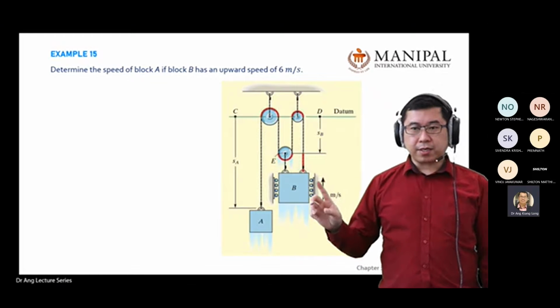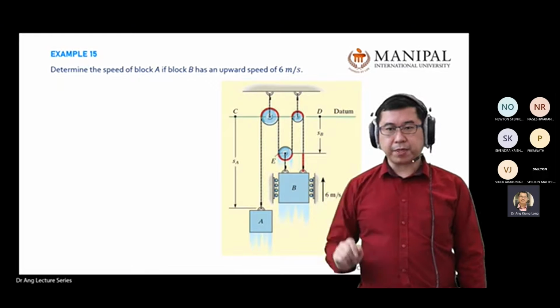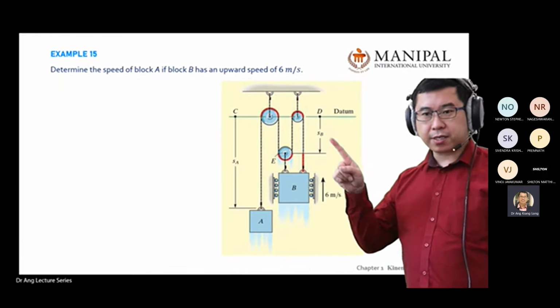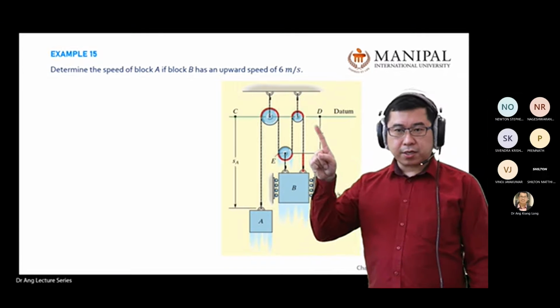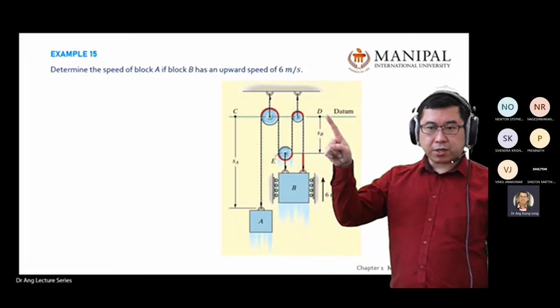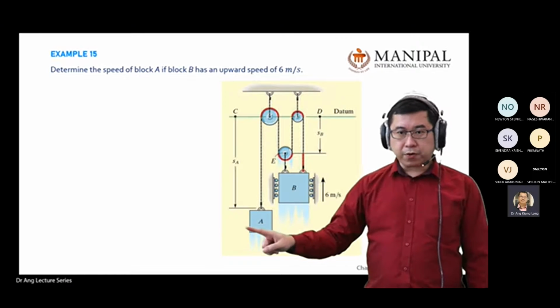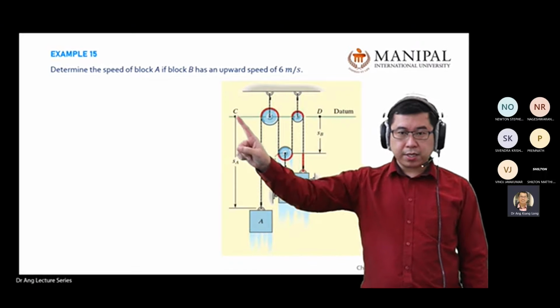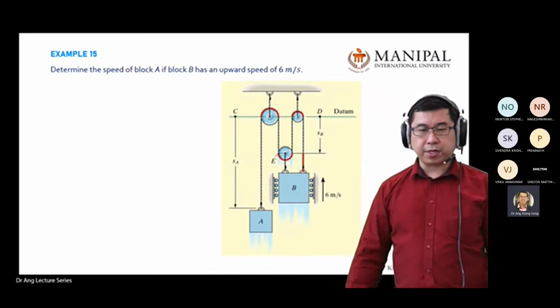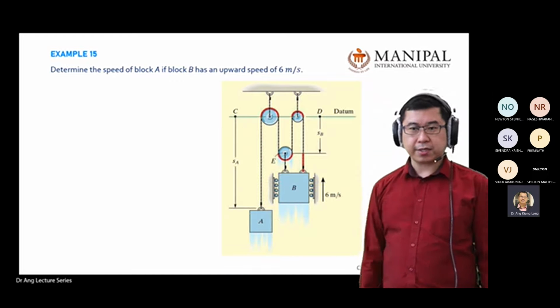What is the positive direction from the datum for B? In this case, it gives you a dot and arrowhead. Going down is positive for B. For A, you see going down is also positive, labeled as SA.